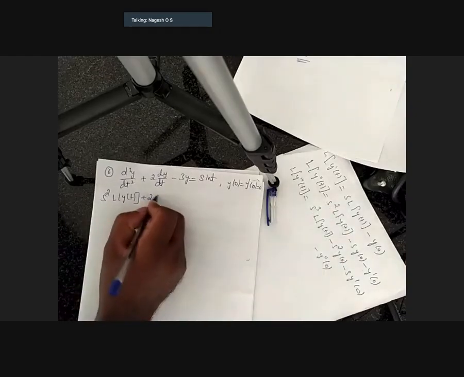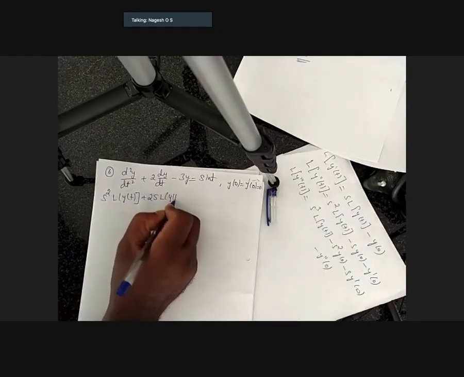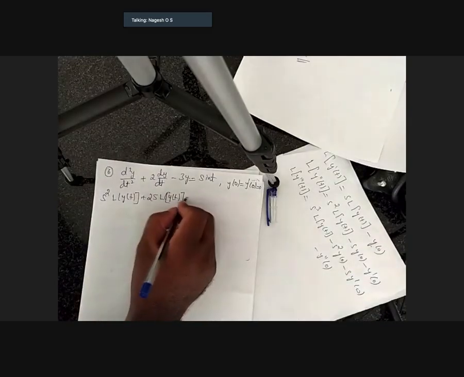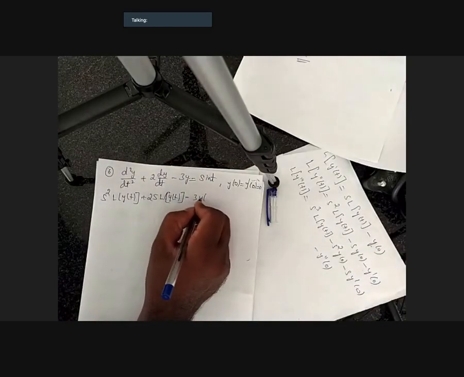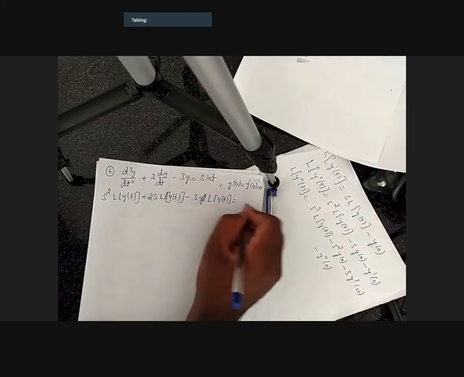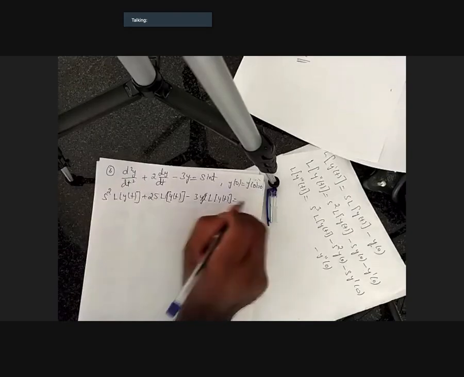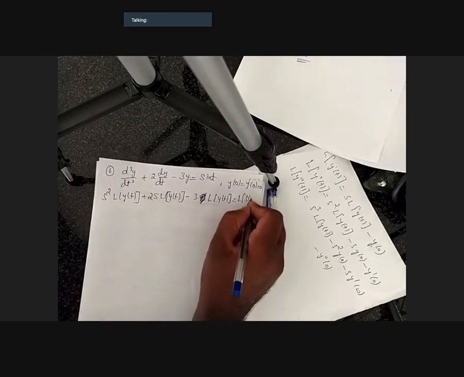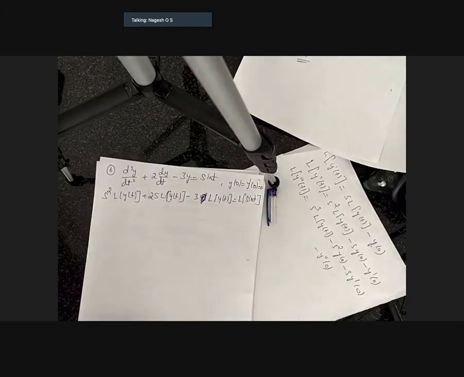y dash of t is s L of y of t. Again, this term is 0, I won't write that also. Minus 3 L of y of t equal to Laplace transform of sin t.